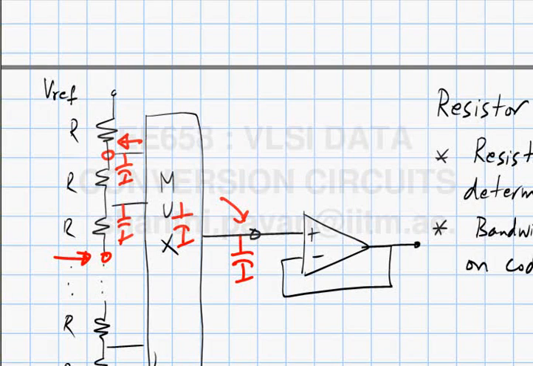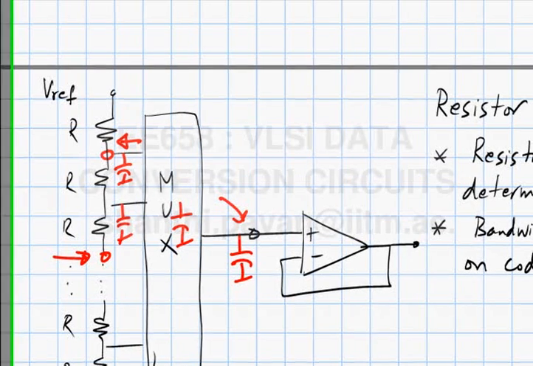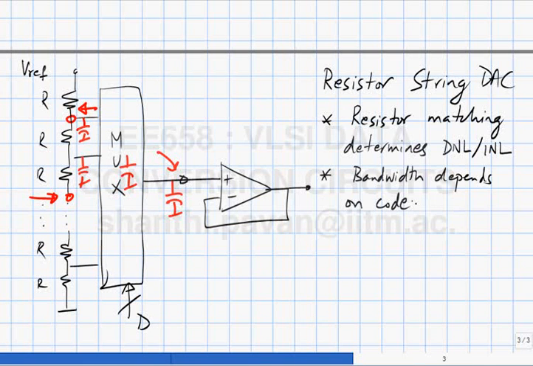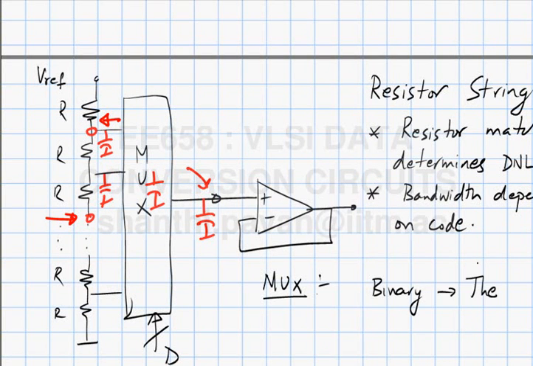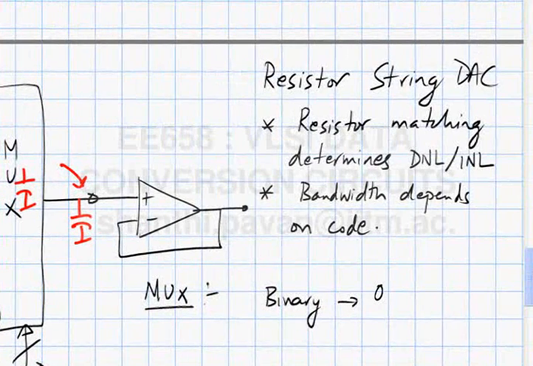The next thing is to comment about the mux. Any comments on the mux? How do you think you will be able to do the mux? I mean, there are several ways of doing the mux. One way is to convert the binary code, and not a thermometer code, but to a 1 of n code. So you generate this string of 2 to the n numbers, of which only 1 is 1, and use that to control 2 to the n switches.